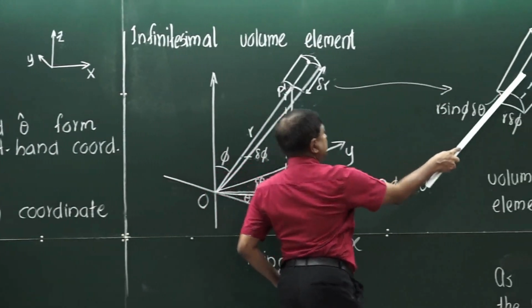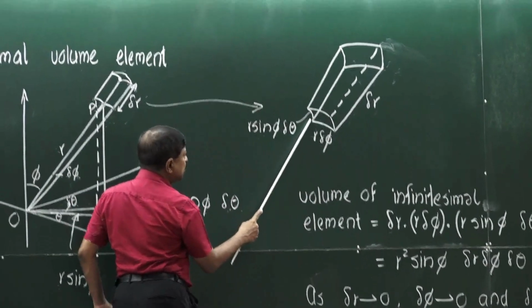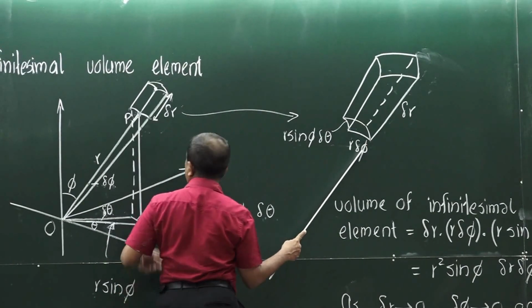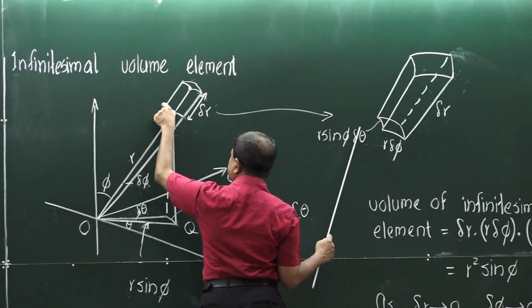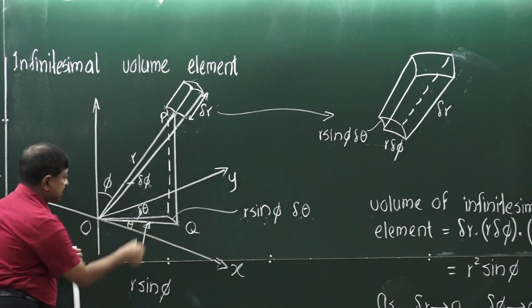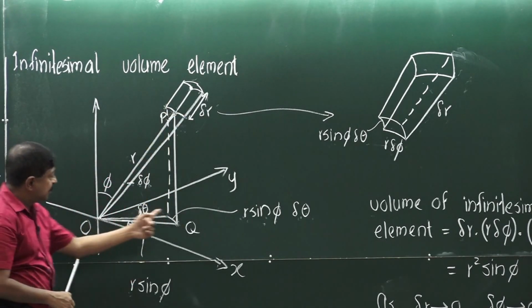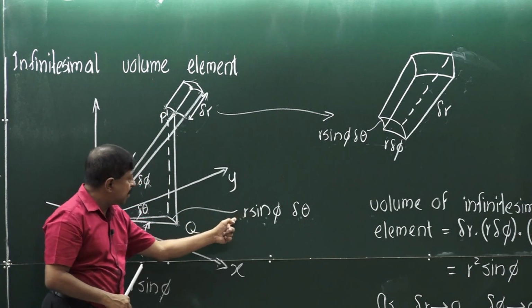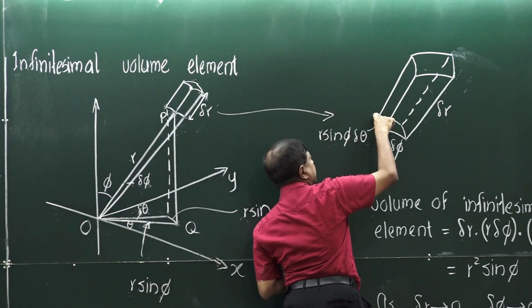Therefore, you have a shape like this. This is delta r. As I explained, this is r delta phi because that is this arc length. This arc length was obtained here on the xy plane. Then we projected it up there. So, we saw this as r sin phi delta theta.